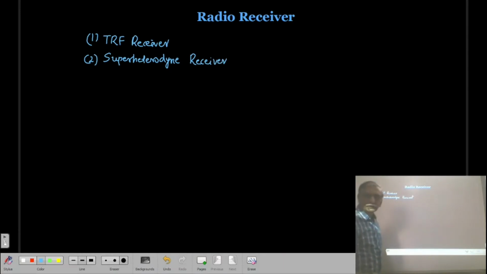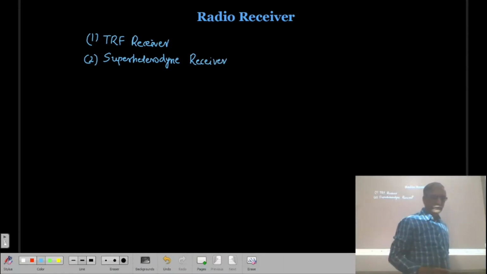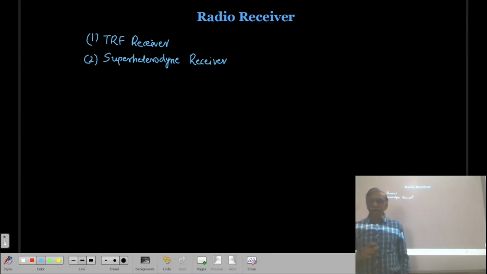TRF receiver is a basic radio receiver, and it has a number of disadvantages. That's why it is not so popular. But the super heterodyne radio receiver is popular because it has a number of advantages. So one by one we will discuss both the receivers.